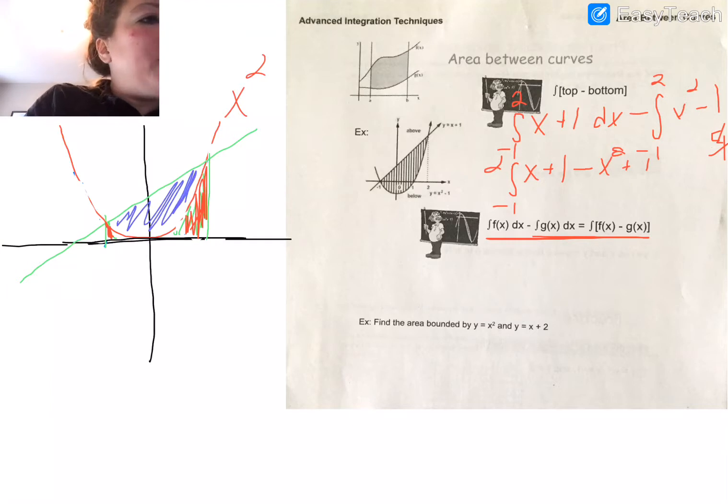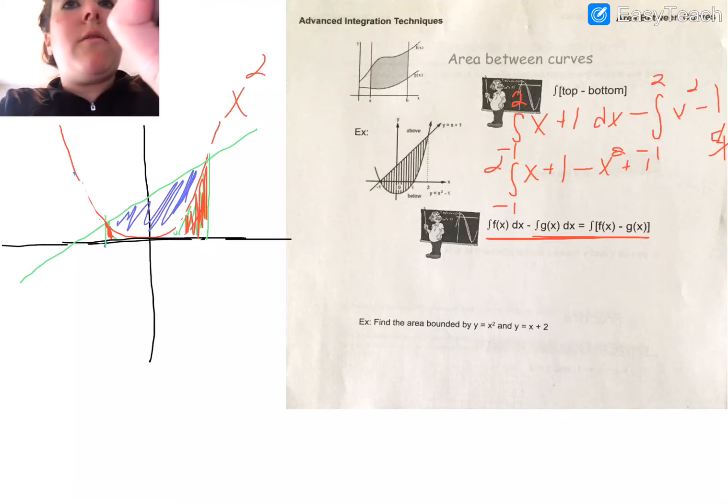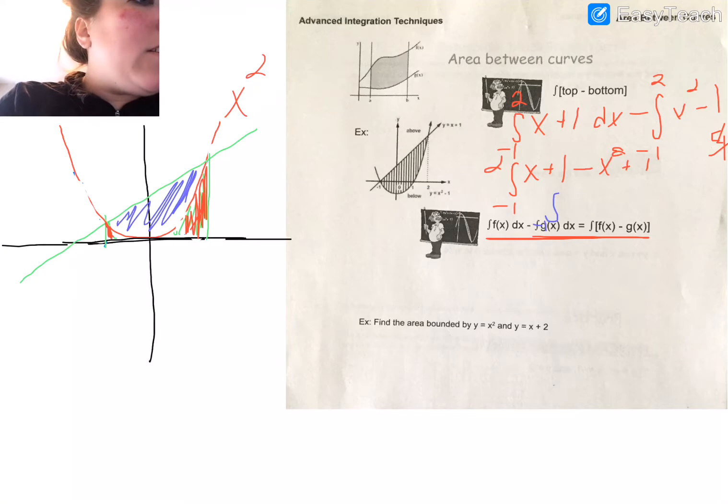Now I'm ready to combine some like terms. I'm going to change colors just because I'm squeezing so much. So -1 to 2 of negative x squared plus x plus 2 dx.